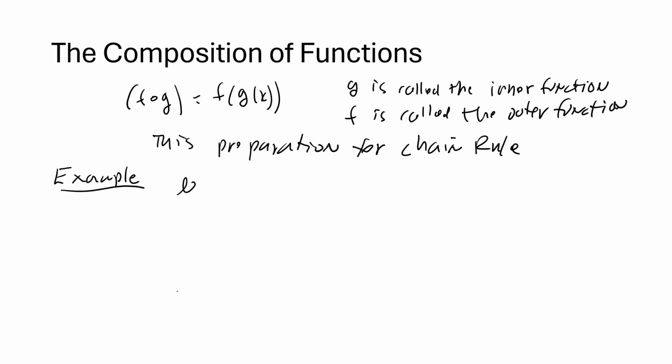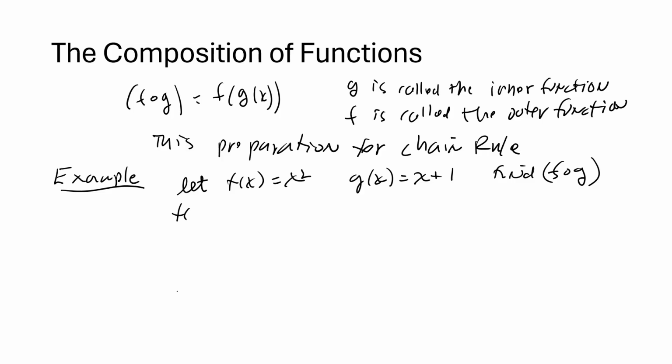So let f of x be equal to x squared and g of x be equal to x plus 1. Then we want to find the composition of f and g. That's what we're looking for. The composition of f and g is just equal to f with g of x inserted.